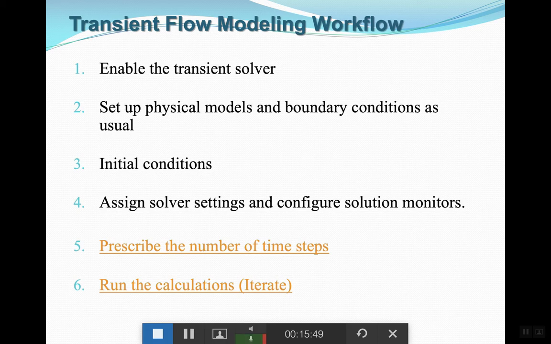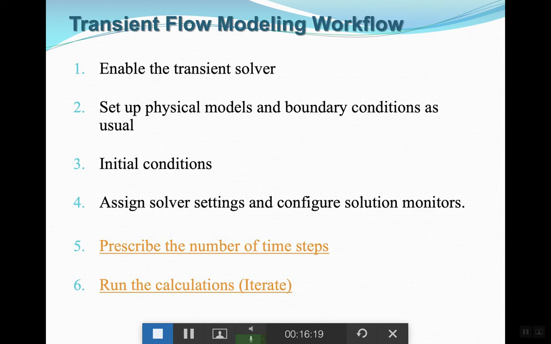But when you are simulating a transient flow, the initial conditions are not your initial guess anymore. Remember, the initial conditions in transient flow are your actual physical conditions of the system at time equal to 0, t equal to 0 seconds. You might ask, when is the 0 second?